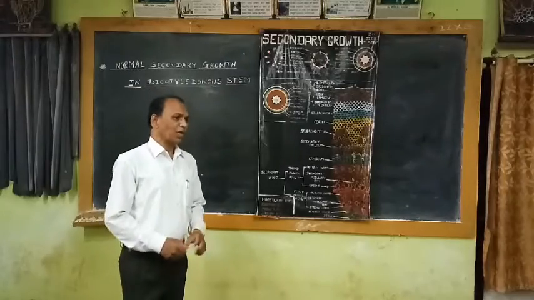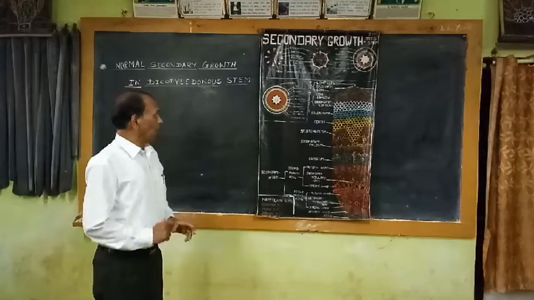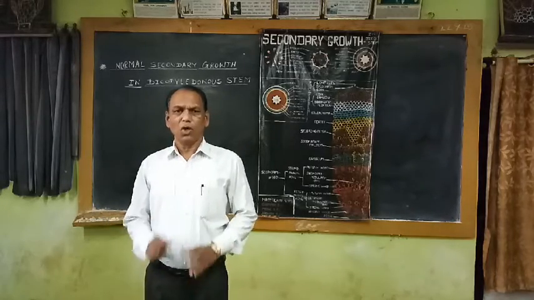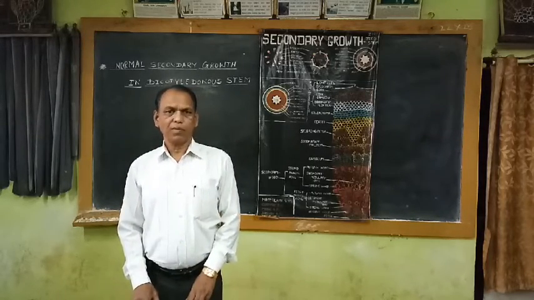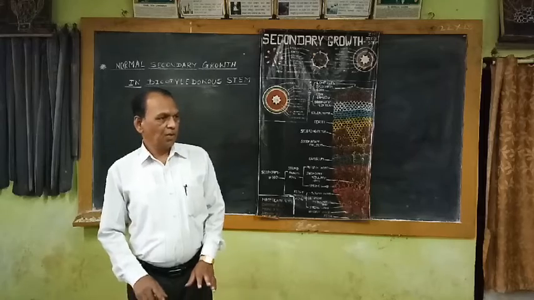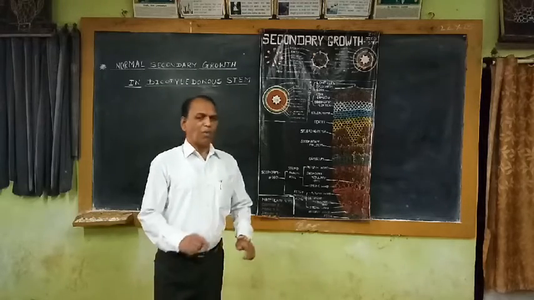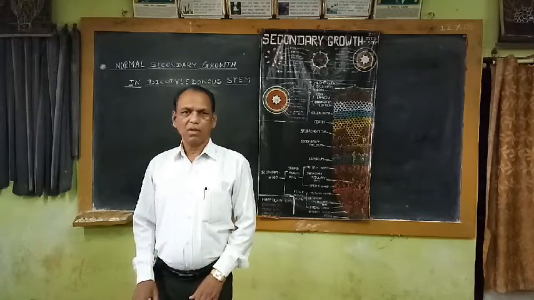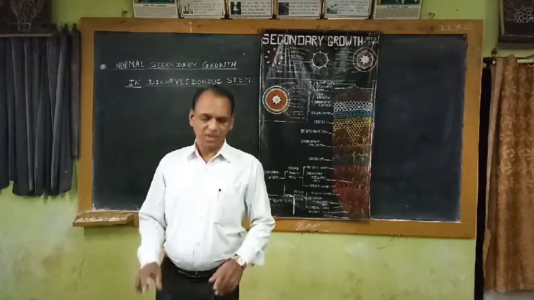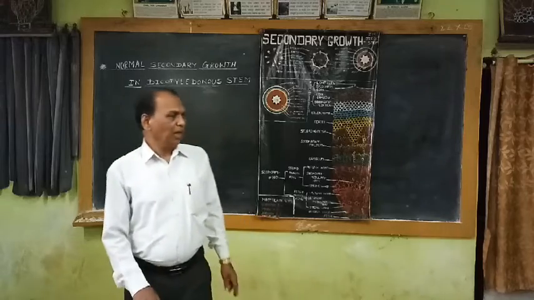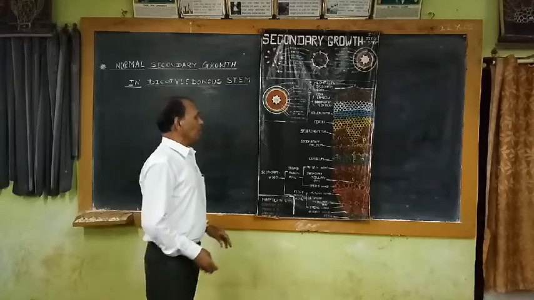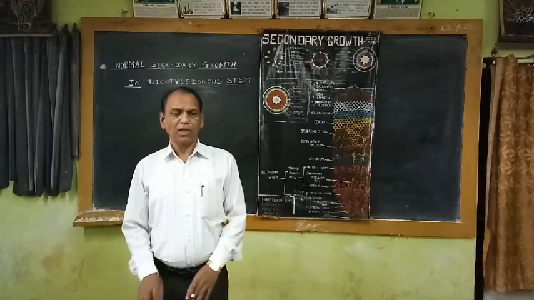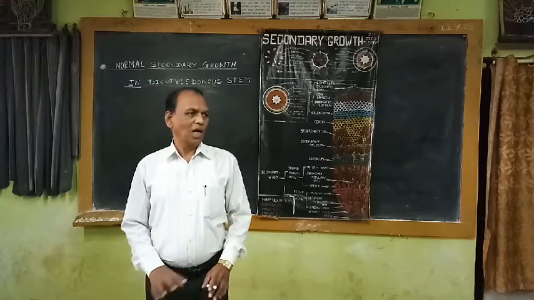So when secondary growth begins, when the plant attains a certain amount of primary growth, when the number of branches, lateral roots, and leaves increases, automatically the demand of the raw food material in the form of nutrients and water also increases.